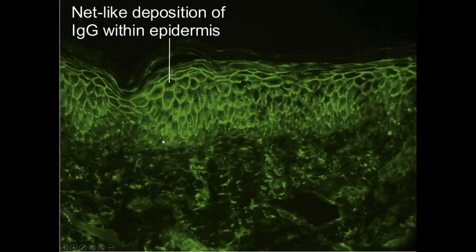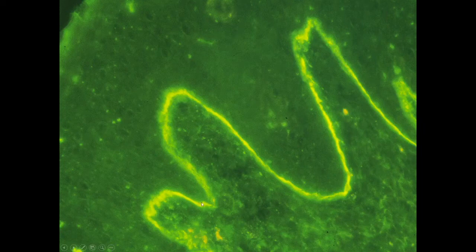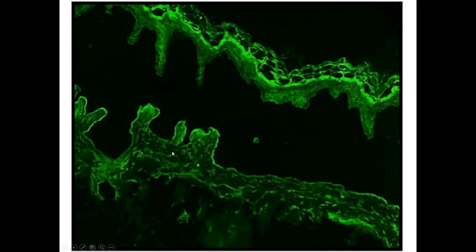In pemphigus, antibodies bind to the connection between keratinocytes, so it makes this appearance, and this is the typical appearance for bullous pemphigoid.